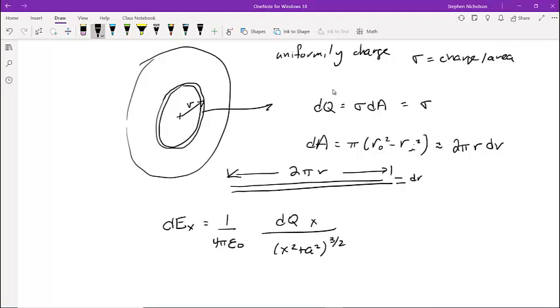I'm not putting an i because I'm using this subscript notation. But dq is equal to sigma times dA, which is 2 pi r dr.